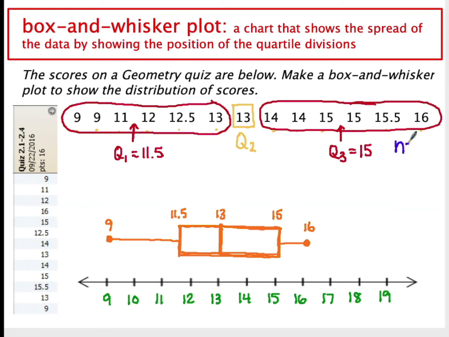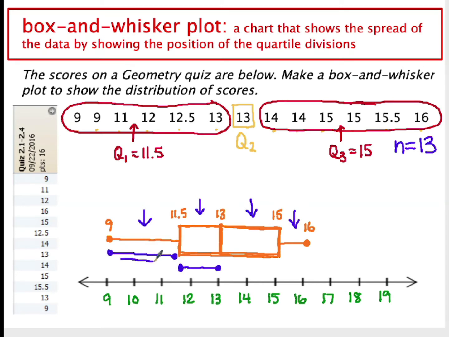Now, since there were 13 scores in this class, it was impossible to split 25, 25, 25, 25%, but that's what each of these segments of the Box-and-Whisker plot represent. So the fact that this part is wider than this part doesn't mean there are more values in that part.